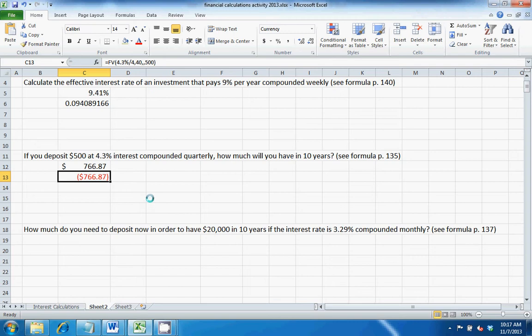Okay, so finally, this last one, to type this in by hand, that's the present value formula on page 137 in your book.